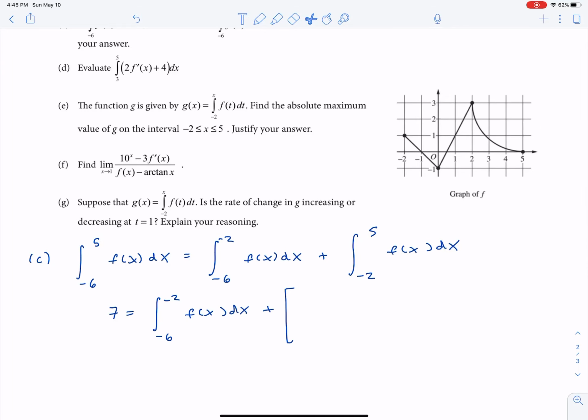Now we're going to find all this stuff, so I want to find this area. If I go from -2 to 0, I have those two little triangles, this triangle and this triangle, and they're going to cancel each other out. So from -2 to 0, I just get 0.